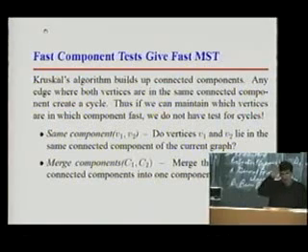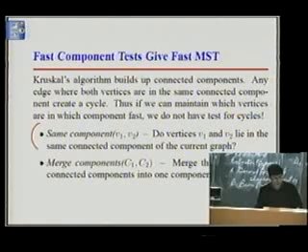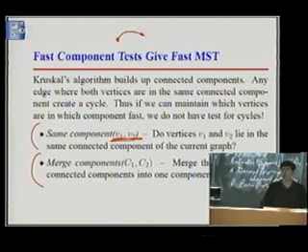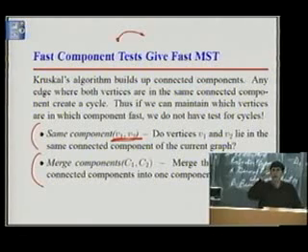The two things that we are really doing in Kruskal's algorithm are testing the 2 vertices of the edge that I'm interested in: do they lie in the same connected component? If I had a fast data structure that would tell me, given my tree so far, here is the edge, are both ends of this in the same component?